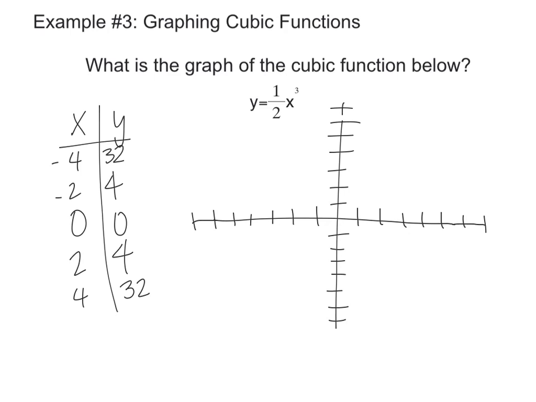So -4, +32 is going to be about here. -2, +4 is about here. 0, 0, we know where that is. The next one will be about here, and then below, right about there. So our graph will actually look like that.